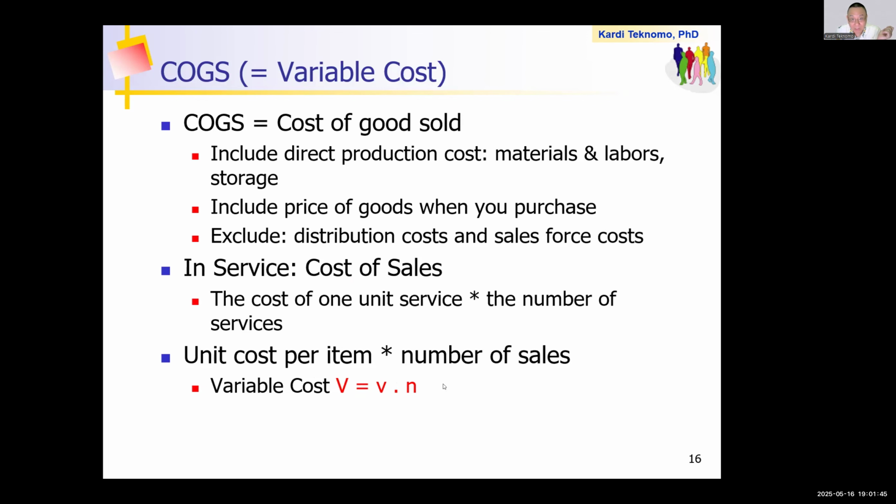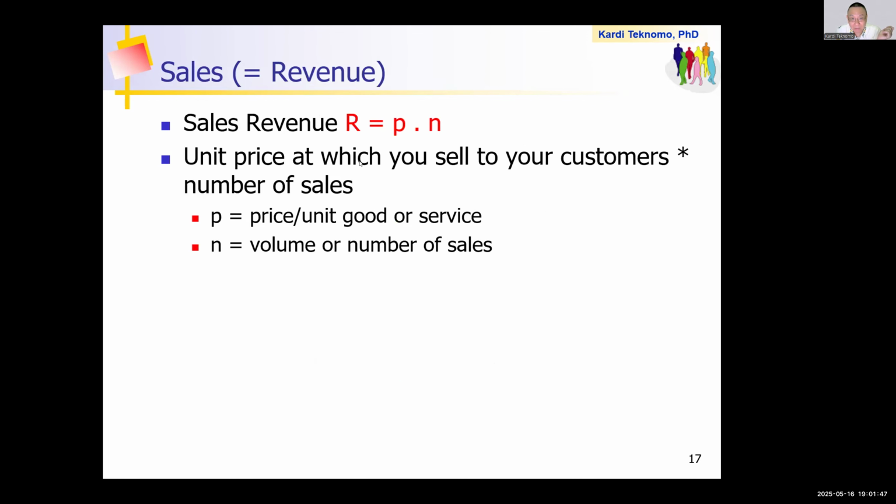So when we say sales, sales is the same as revenue. I will use the notation R for revenue, representing the sales. P represents the unit price that you sell, and N is the same thing, the number of sales.